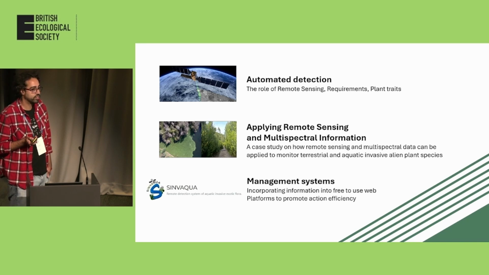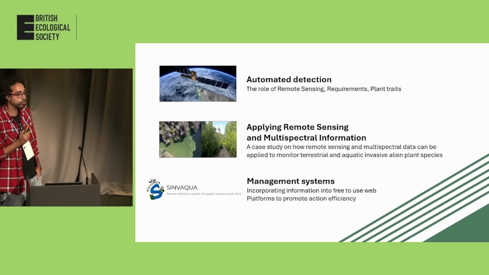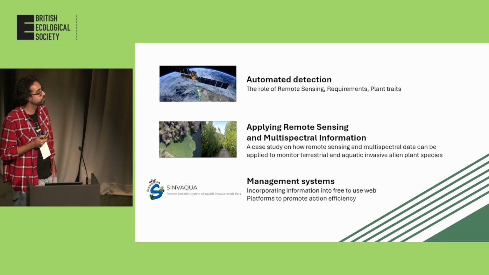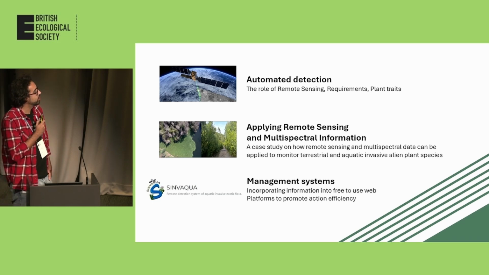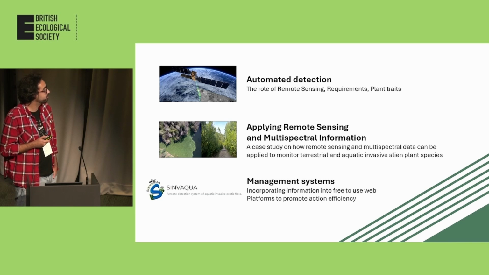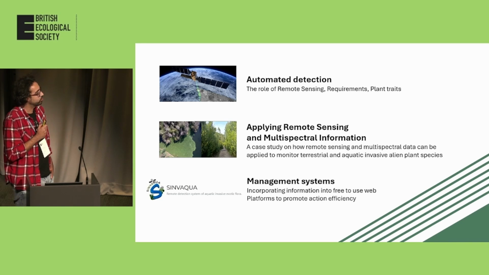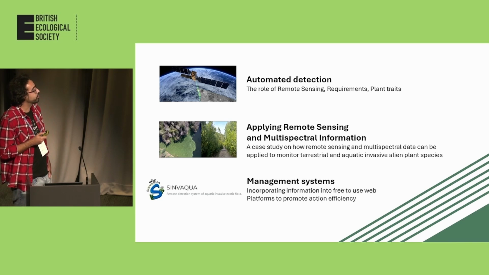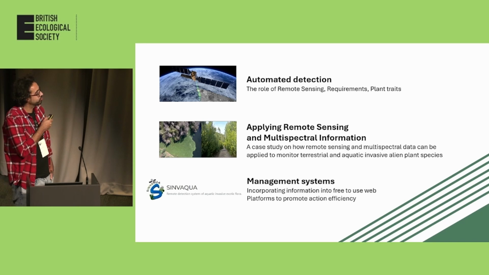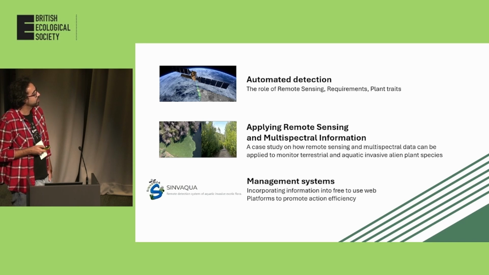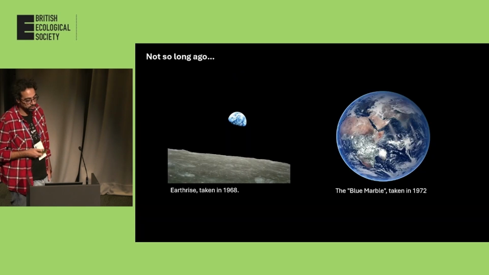I will give two examples of how we can use remote sensing in the terrestrial and aquatic realms to detect invasive alien species, and also a management system that we developed with a broader group, where we use the knowledge gathered in the previous works to create an easy way to give results to decision makers and policy makers.